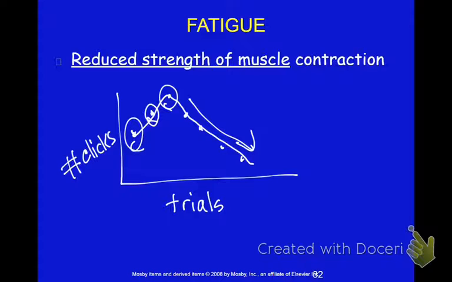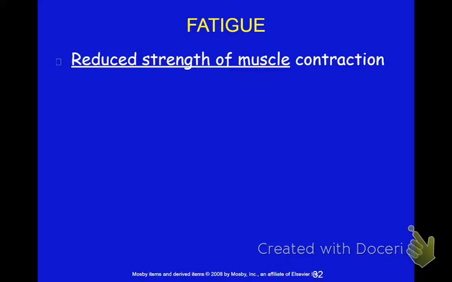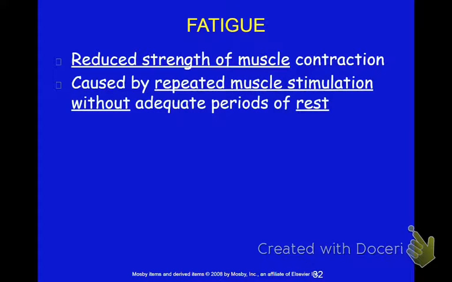This is a hard thing because some of you maybe got a graph like that. Because maybe one time you were really tired and then you dug deep and did more and then you did less. So your data can be a little bit funky there. Okay, what causes fatigue?